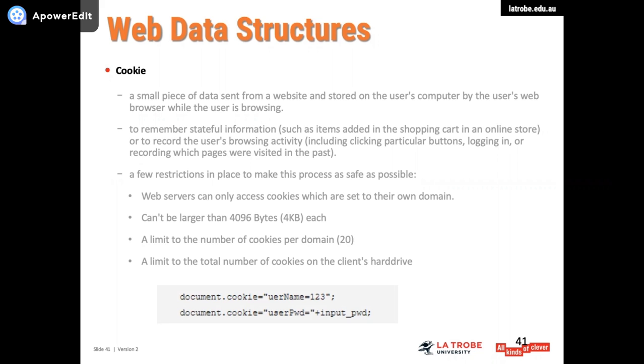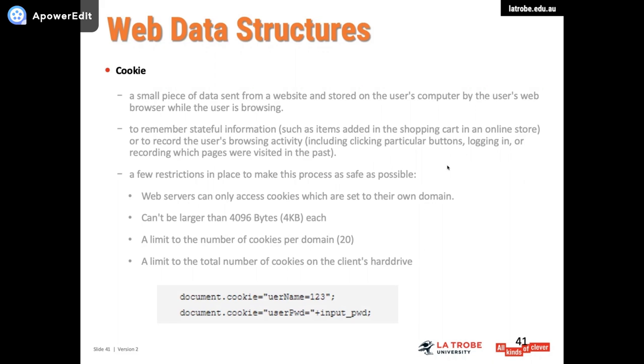Cookies are used to remember stateful information, such as items added to the shopping cart in an online store, or to record the user's browsing activity, such as clicking particular buttons, login information, or recording which pages have been visited, paths, etc.